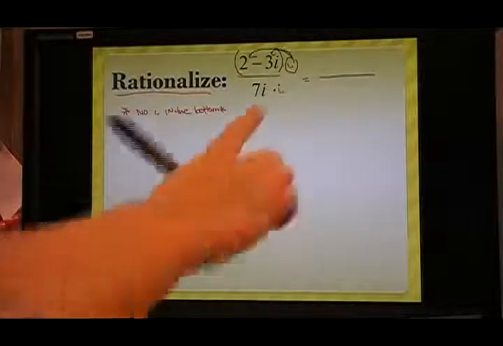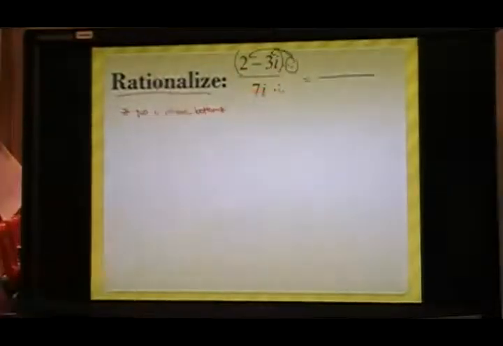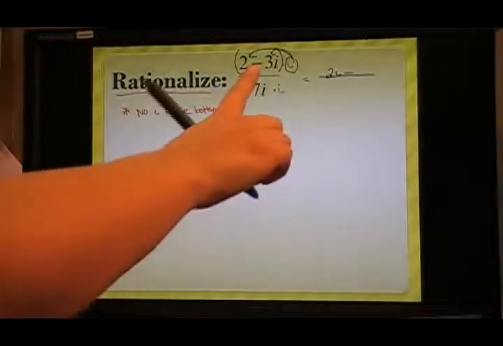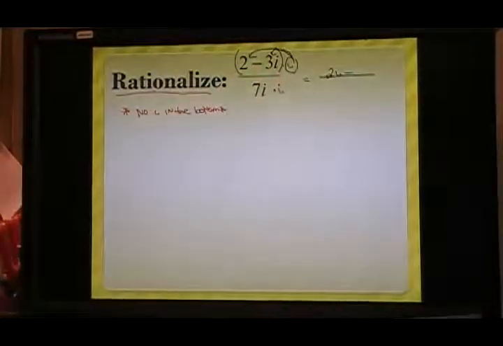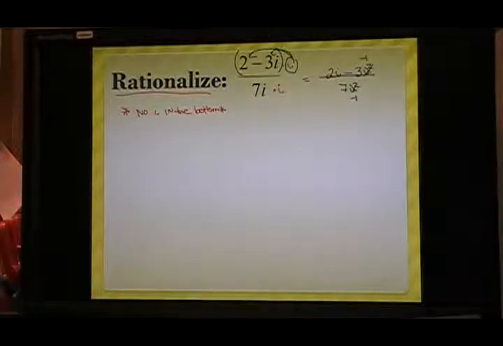So doing our multiplication, 2 times i, we have 2i, minus 3i times i is 3i squared, all over 7i squared. That's -1, that's -1, and that's a multiplication, right? So we have 2i plus 3 over -7.